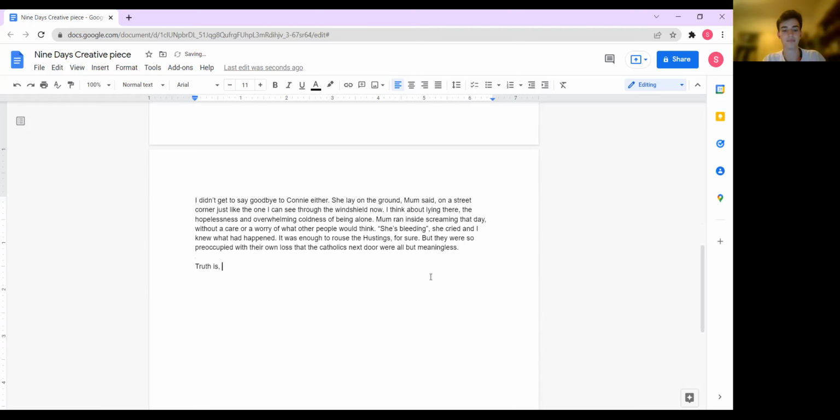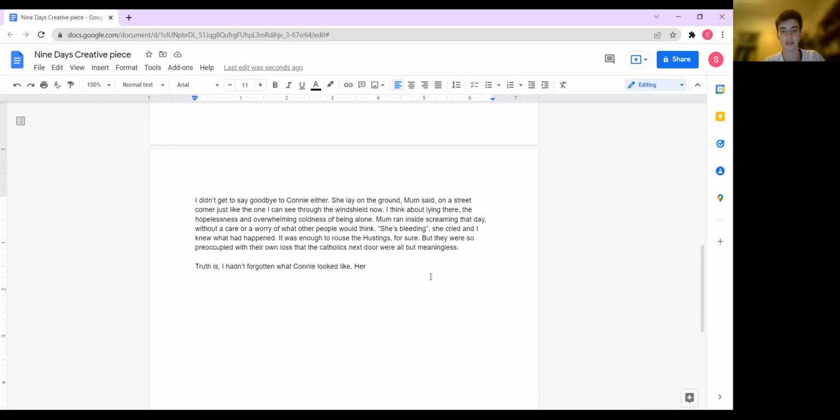Truth is, the photo, I hadn't forgotten what Connie looked like. Now, on page 94 or 95, Jordan writes a very good description of what Connie looks like.